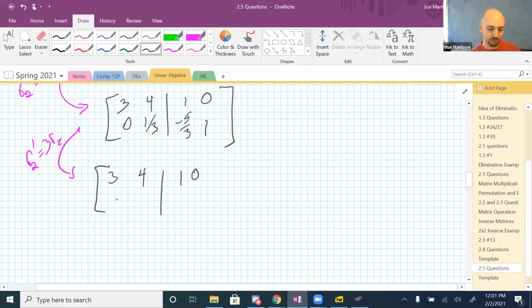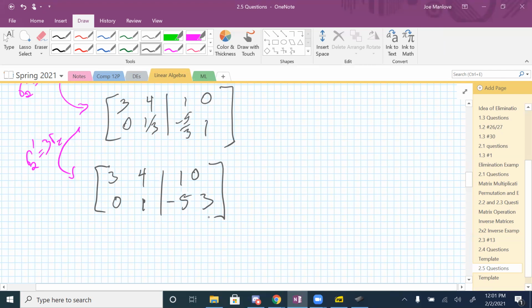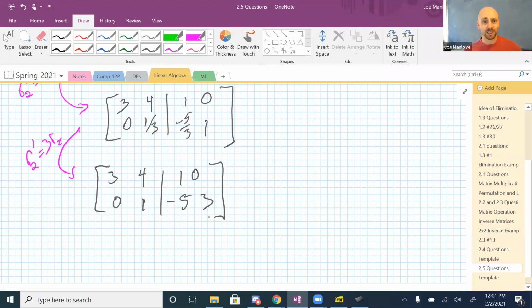And then this row, multiplying 3 by 3, is going to give me 0, 1, minus 5, 3. Pretty good with that? I hope this process seems a little time consuming. It is. Calculators are your friend. This is why God invented symbolic math solvers. Or whoever invented Wolfram Alpha.